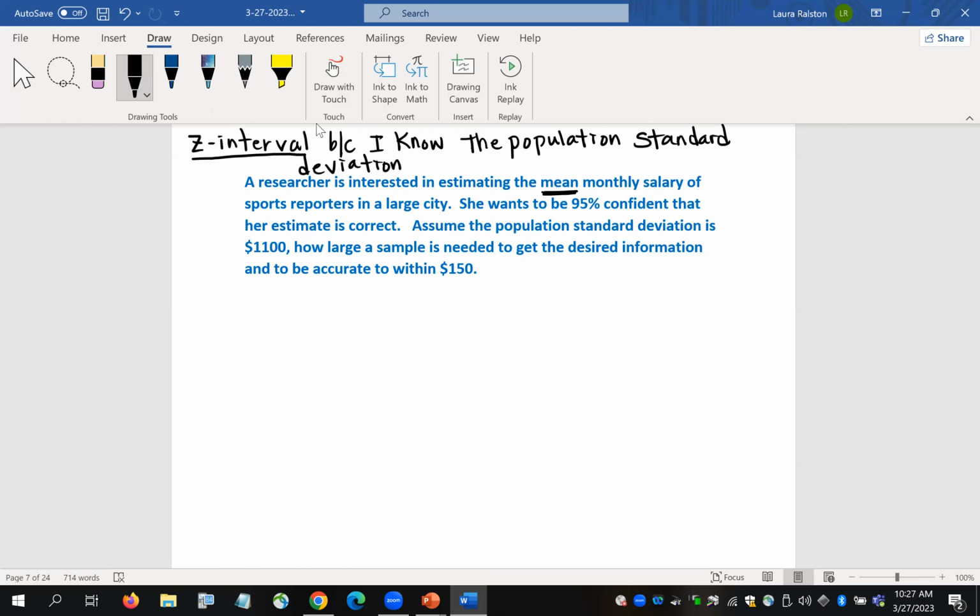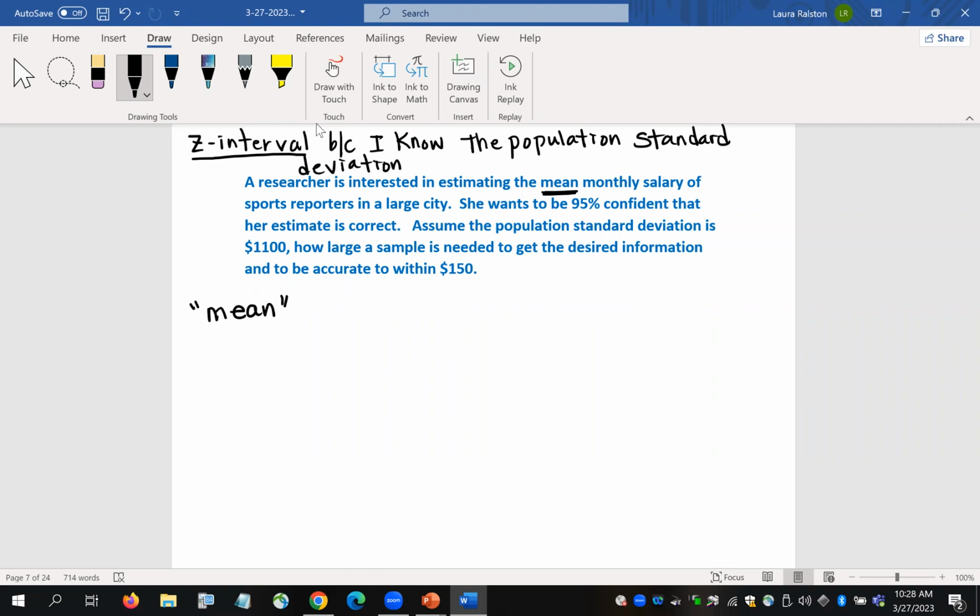Okay, this one also tells me that she's trying to estimate the mean monthly salary. And again, at this point, that's the only type that we've talked about. But again, by the end of today, we will also have talked about how to estimate the sample size for a proportion. So again, it's important that you recognize this one is about a mean, because that will help you to determine the appropriate formula to use.